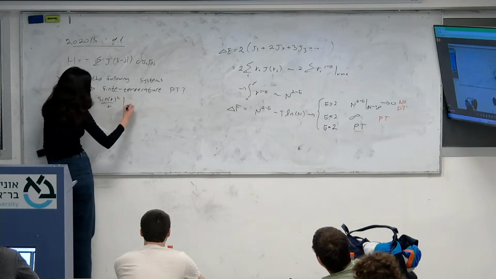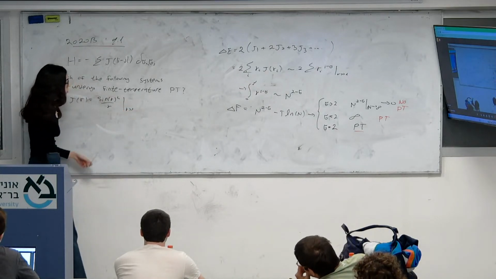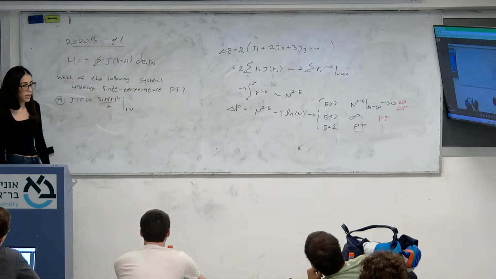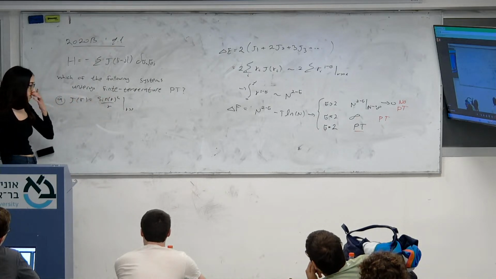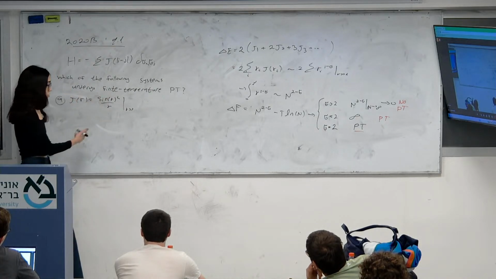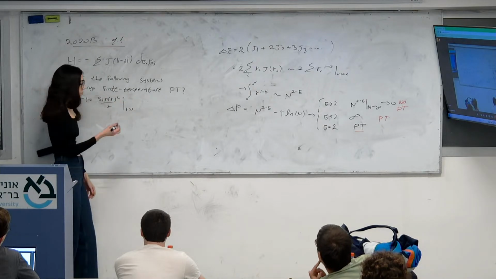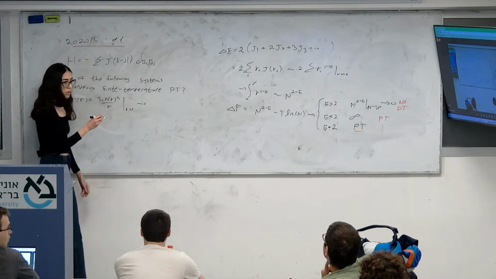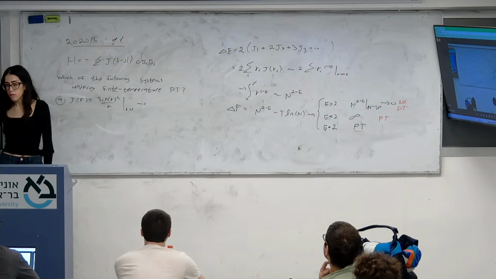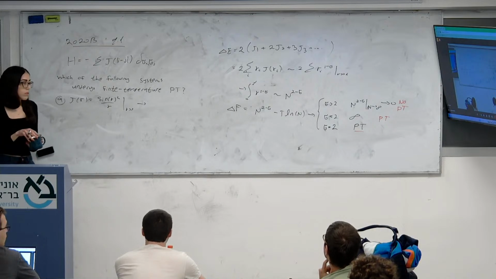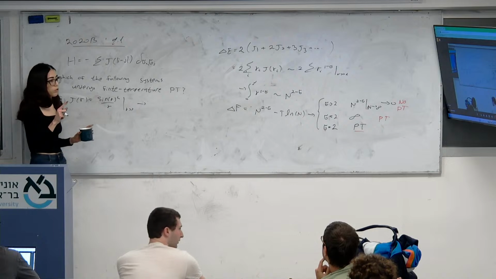So if r is very large, sine of r is a periodic function, so it's just going to give us a number. It averages to half. Yeah, but we don't average, we take a limit.